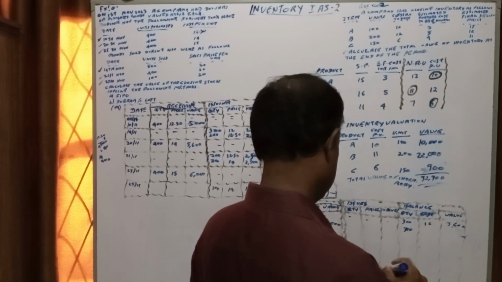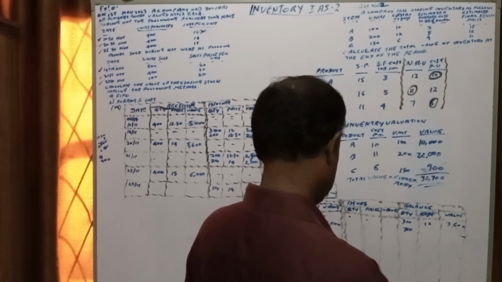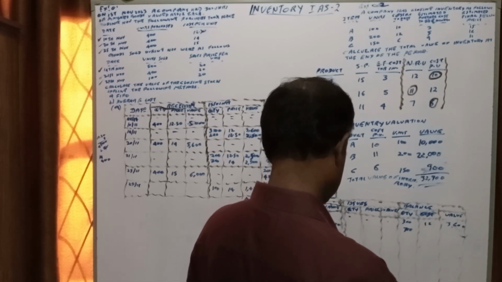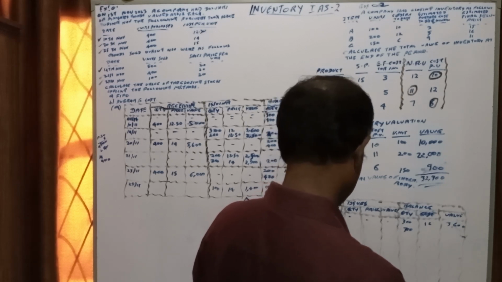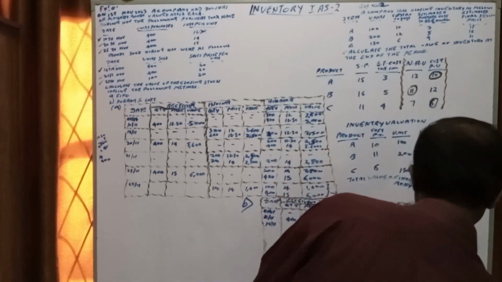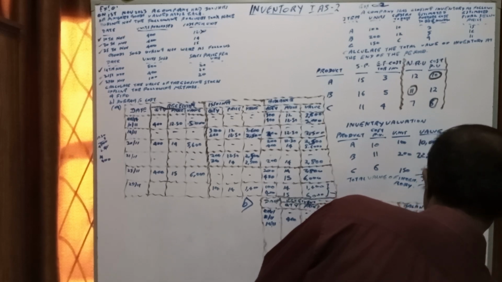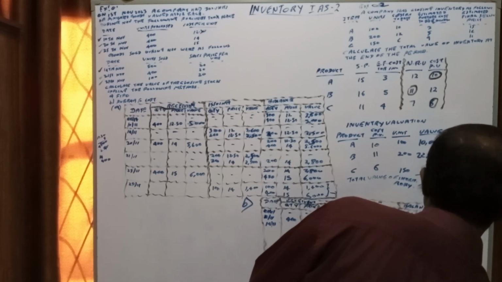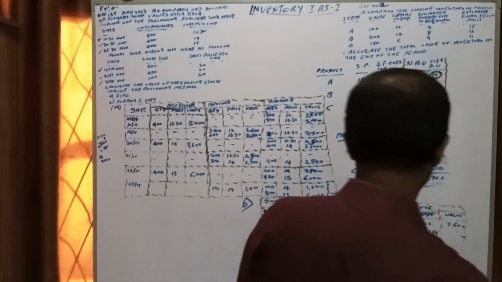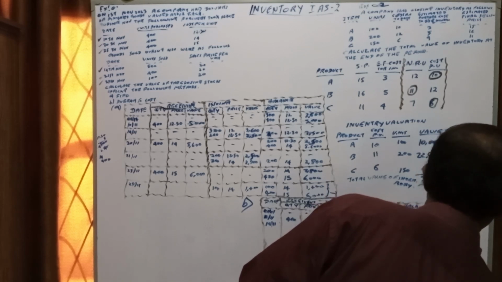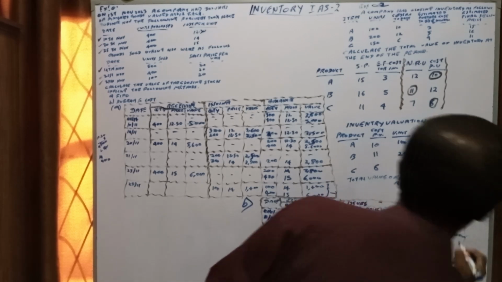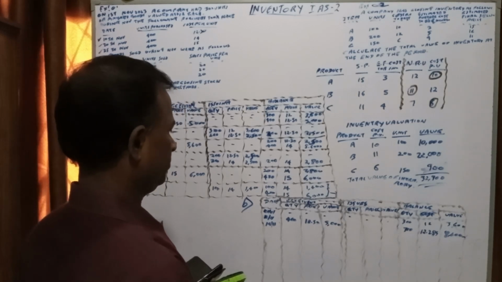If you divide 8,600 by 700 units, you will get 12.285 rupees. 8,600 is the value.